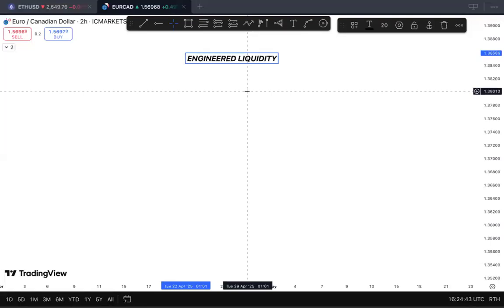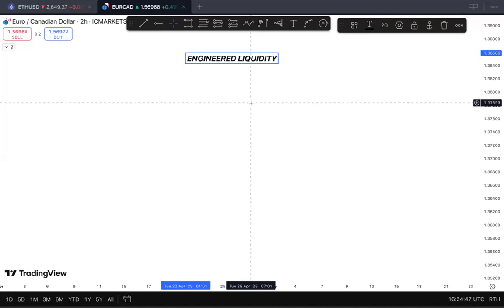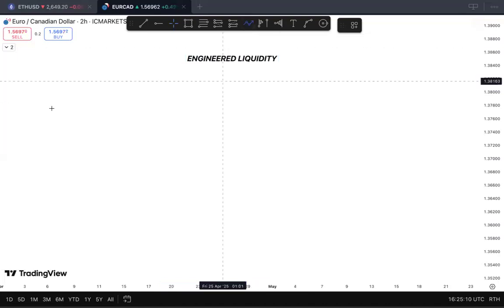So sometimes, if price doesn't give us a structural liquidity before going up or down, depending on the direction of the market, sometimes the market or price engineers a liquidity while it's either going down or selling. For example, let me give you an example.